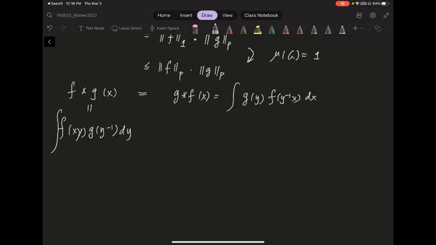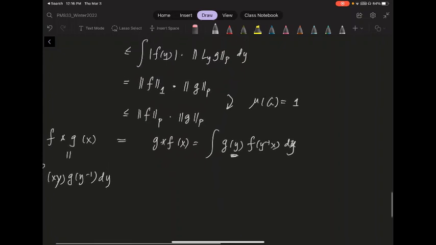And so if you want to compare these two, g is some arbitrary function in your LP space. You see you have a g of y inverse here, and a g of y over there. You want to make this y an inverse. One way to do that is to swap your integral by changing y to y inverse, but you need to pay a compensation for the modular function.